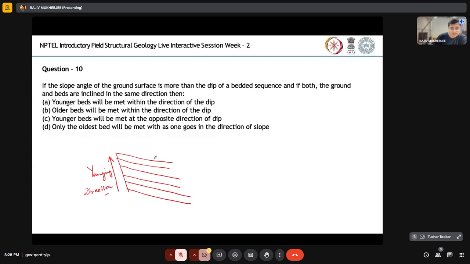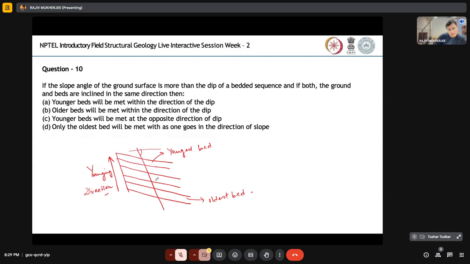So this is the youngest bed, and this is the oldest bed. Right? Now the question asks that the slope angle of the ground surface is more than the dip of the bedded sequence. So if I cut across like this, and if I say that this is the ground surface slope, it is pretty steep, then what is the dip of the sedimentary beds that have been sequenced, right?